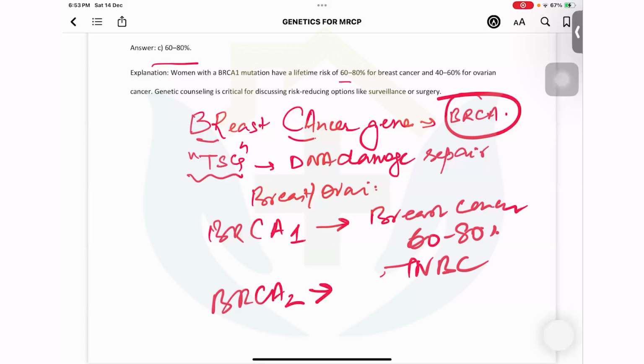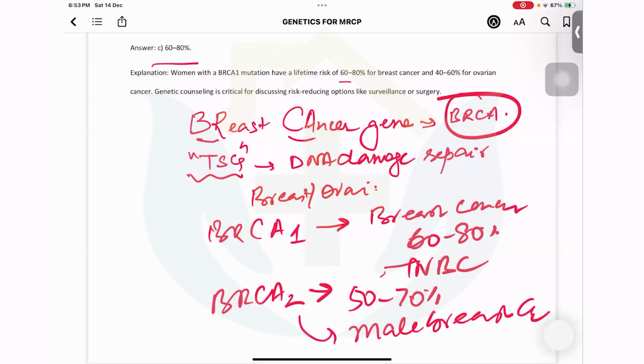BRCA2, it is basically 50 to 70%, almost same, and it also includes male breast cancer. And other cancers that these people can have is ovarian cancer, pancreatic cancer, and in males, prostate cancer. Okay, so these are the mutations, other cancers that come along with that.